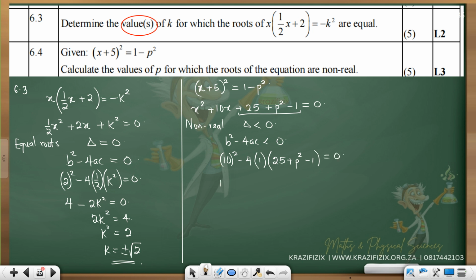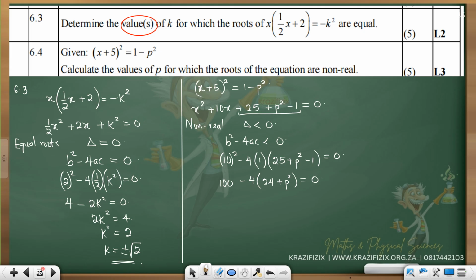Now we solve. What is this? 100. This is minus. All right, let's simplify it. 25 minus 1 is 24 plus p squared. Now we can simplify.